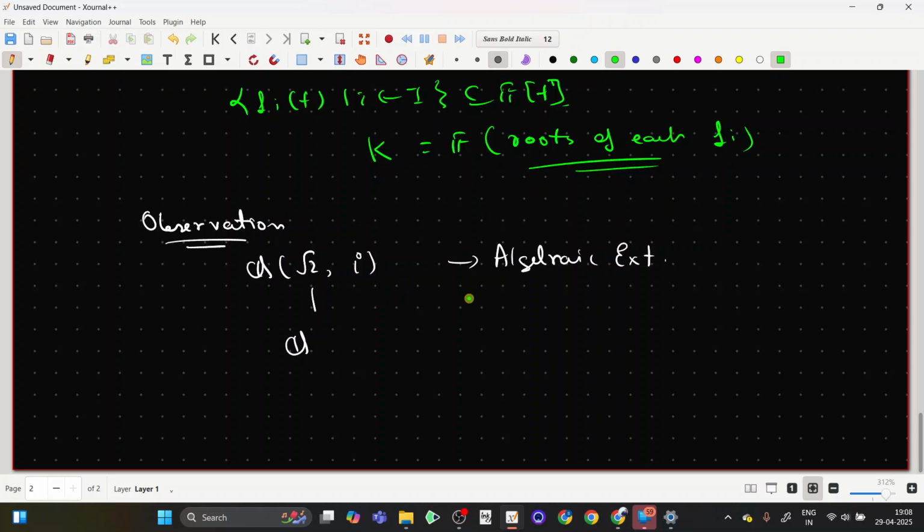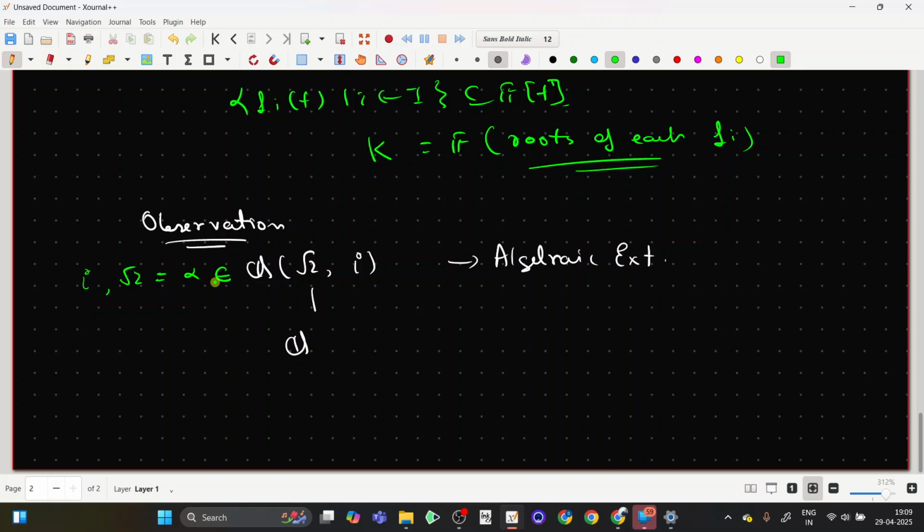What more do we know from here? That for any element, suppose I choose from Q(root 2, i), or specifically let's say alpha is equal to root 2 or i, because if I have any other element than root 2 and i, then that is actually an element over Q itself. So that just gives us a trivial observation.